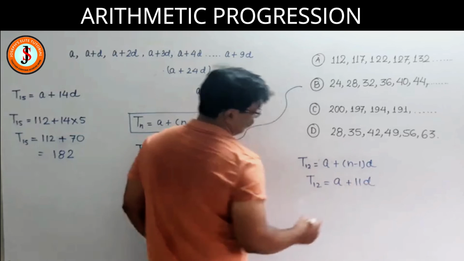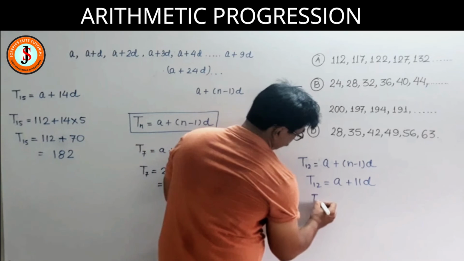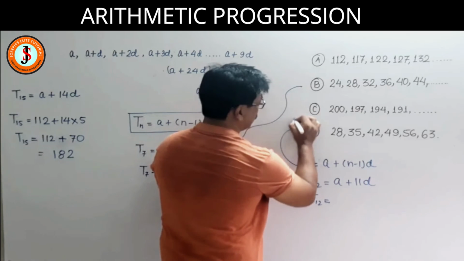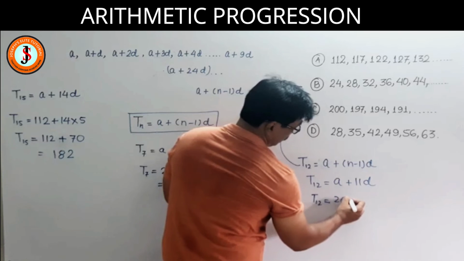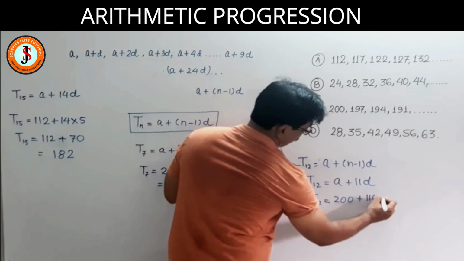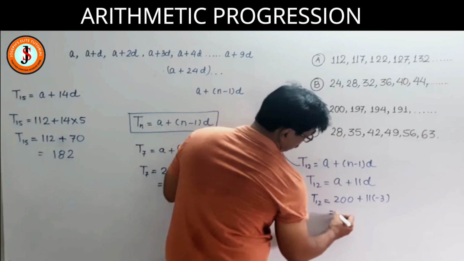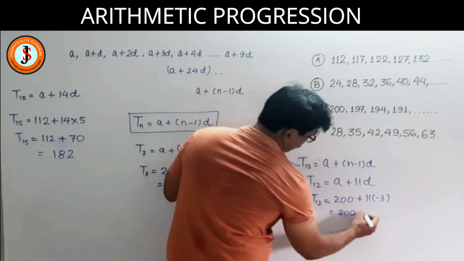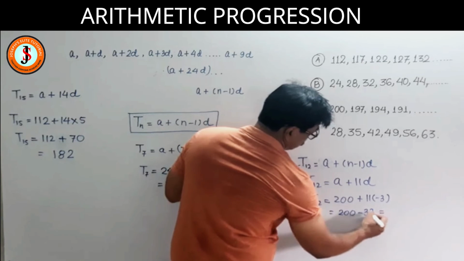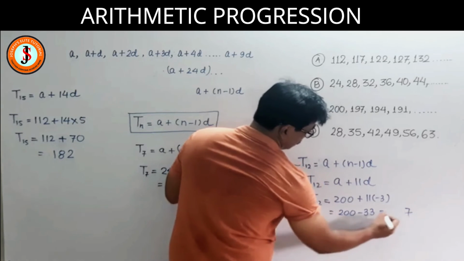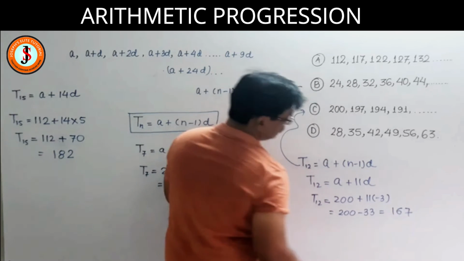Now you know the value of A. A for this question is 200, plus 11 into minus 3. So this will be 200 minus 33. So 167.